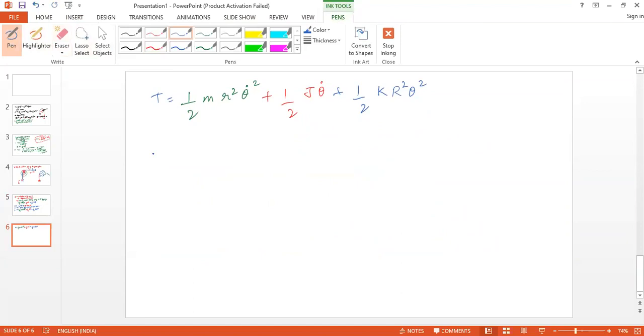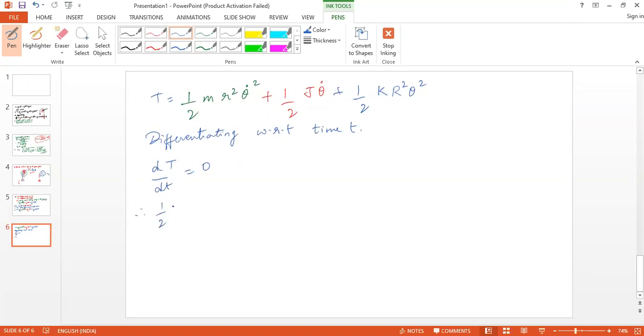So on differentiating with respect to time t, dP by dt is equal to 0.